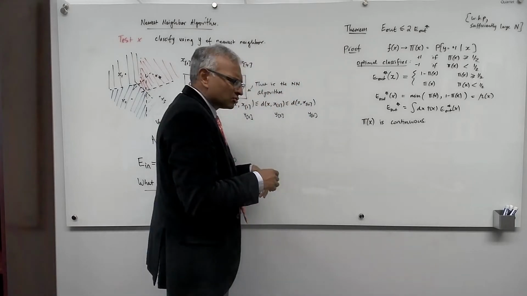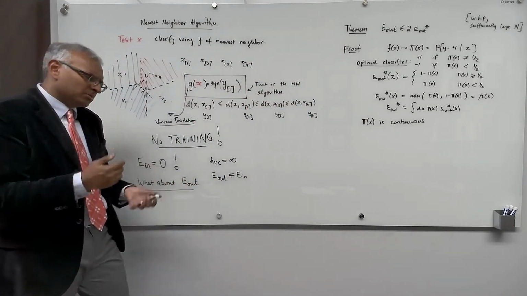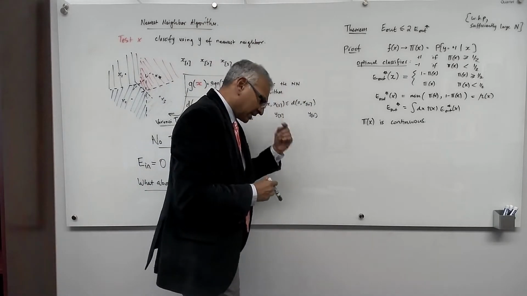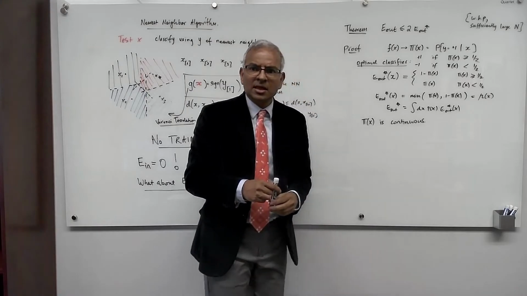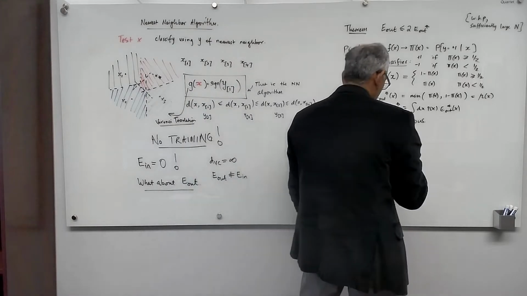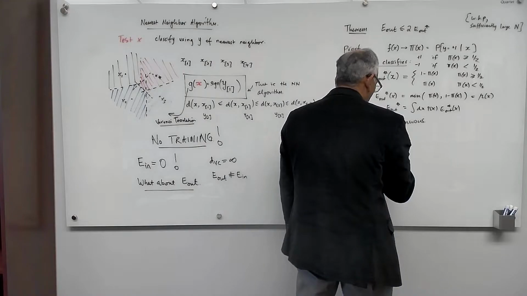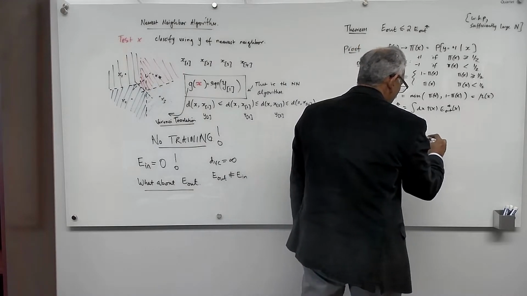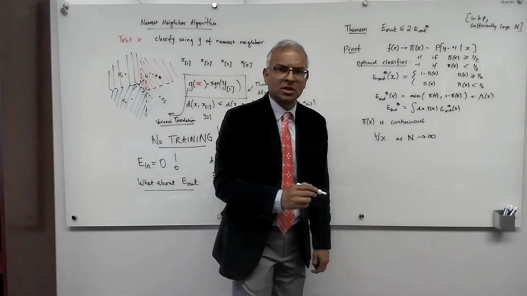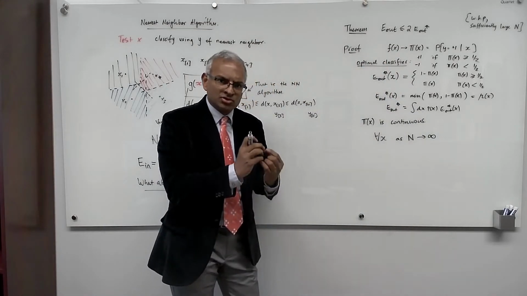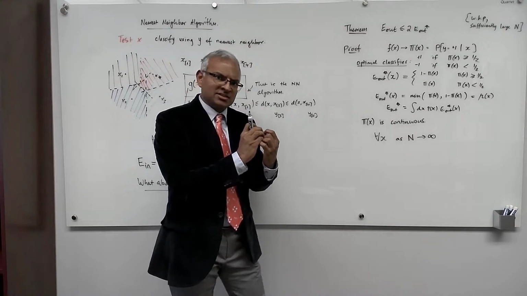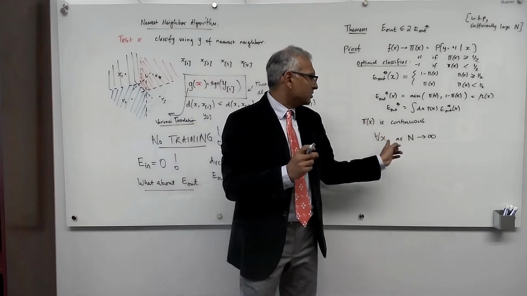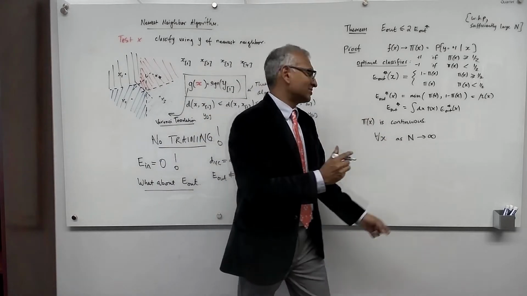This is true for almost any probability distribution that you care to come up with. What is it? If you take any x, for all x, as n goes to infinity, as you generate a data set whose size becomes larger and larger, the nearest neighbor to x must be approaching x.